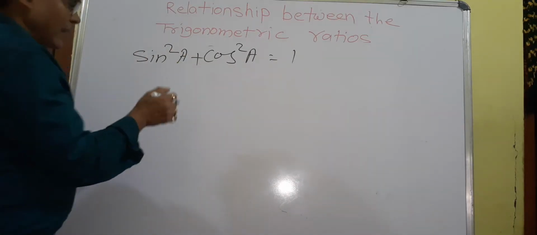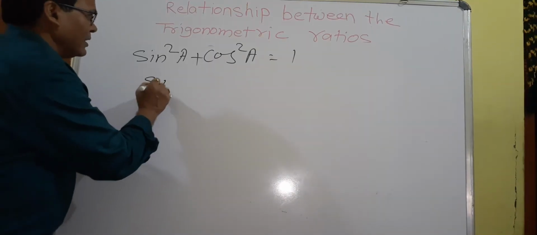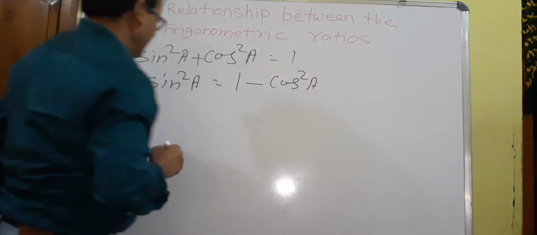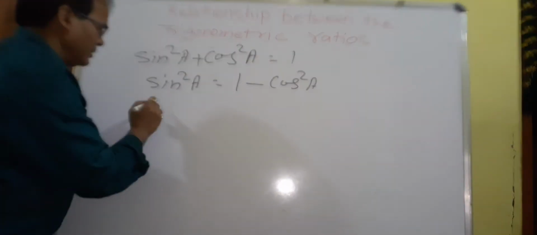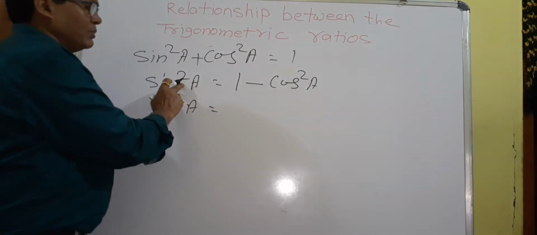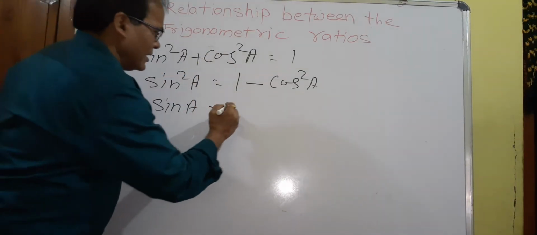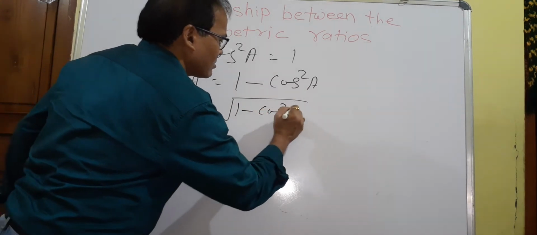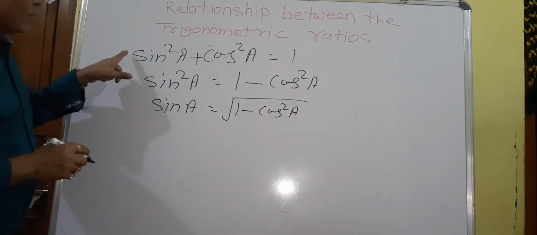From here, as per our need, suppose sine square A is equal to 1 minus cos square A. If we need sine A only, we can write sine A is equal to, if you send the square to the other side, under root 1 minus cos square A. This all came from here only.